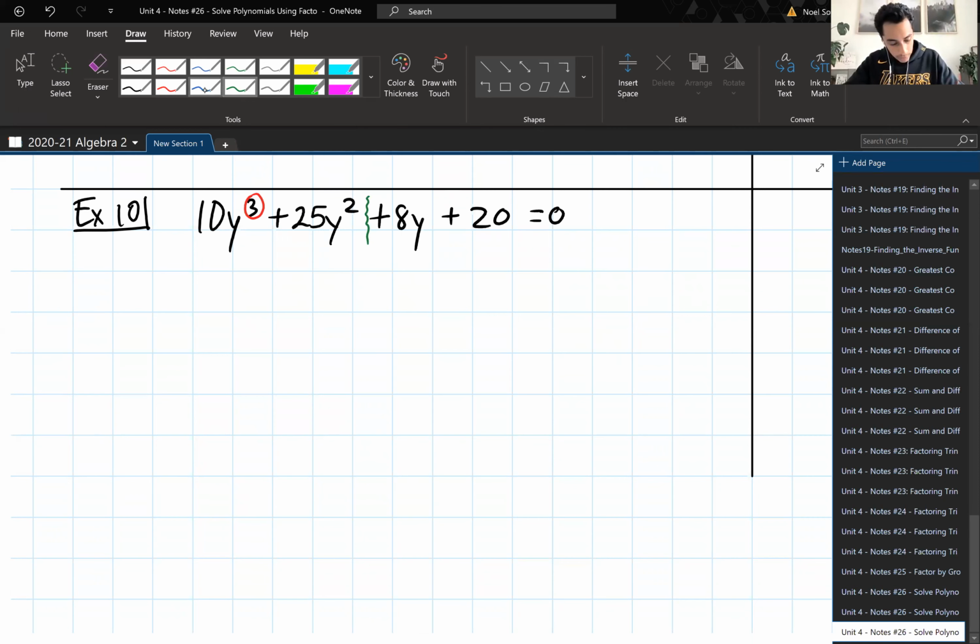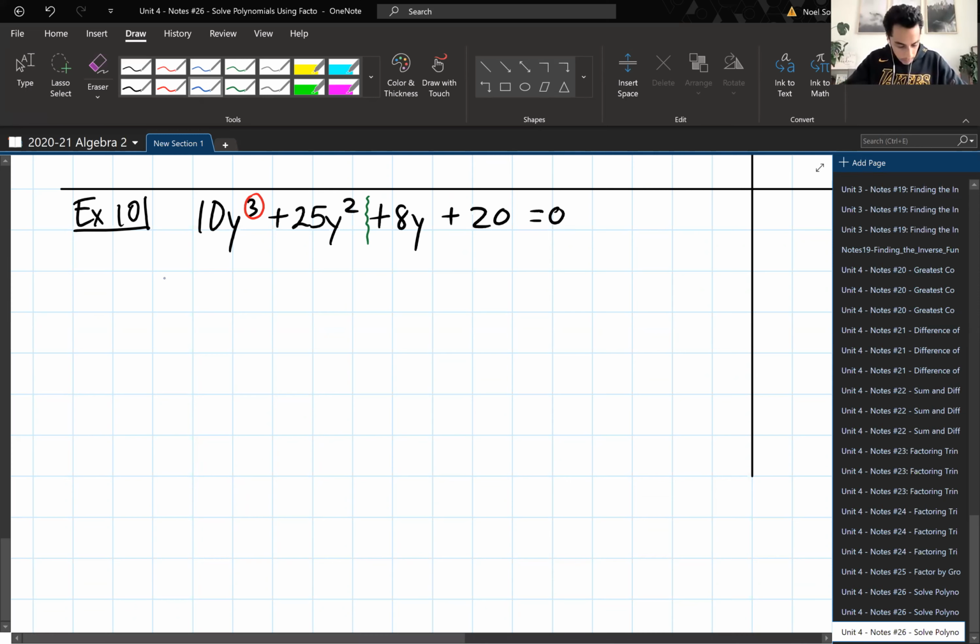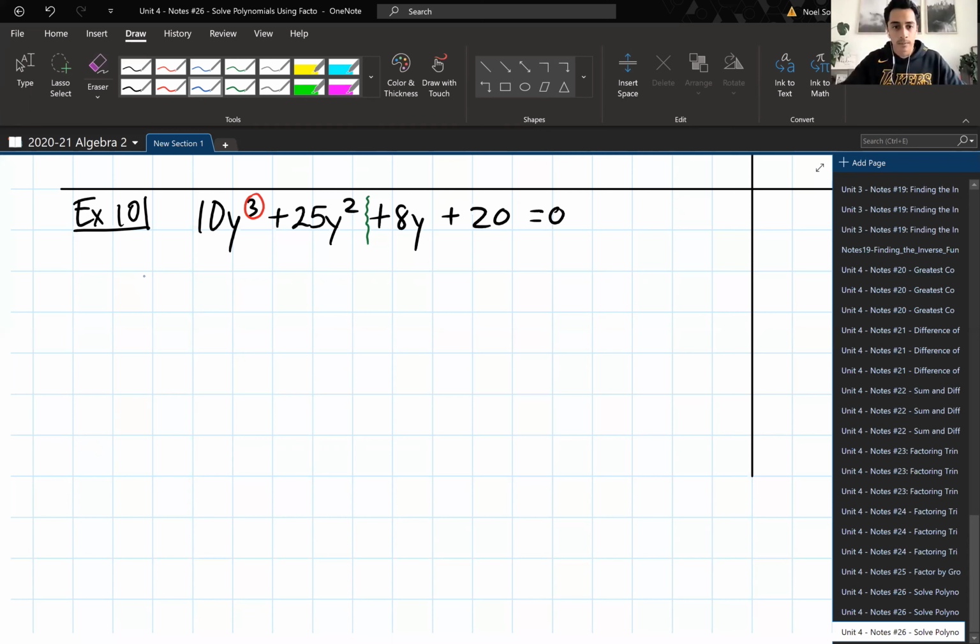First 2 terms, what GCF do we have between 10y to the third and 25y squared? 5y, just 5y? What's the lowest power they both share? Yeah, 5y squared.